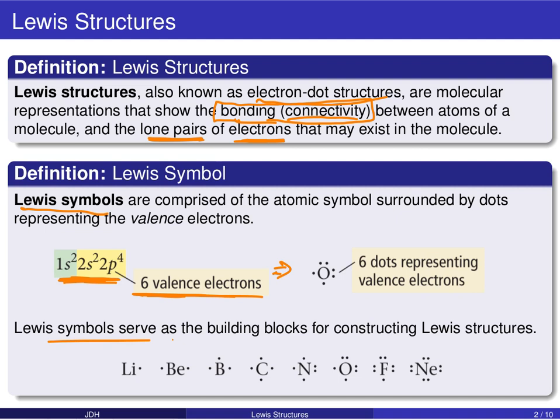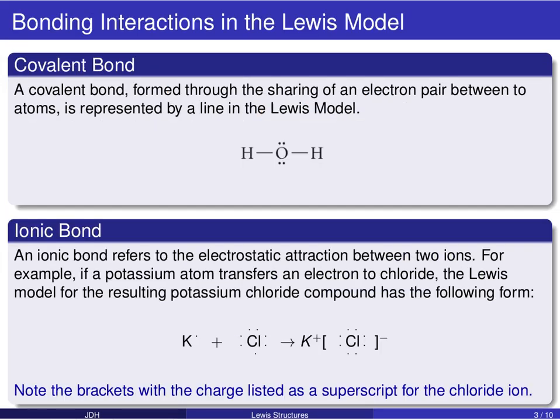We will typically write in each single electron by itself first, so when we get to carbon, 4 of them, one on top, bottom, left, and right. Then as we have additional electrons, we go back and pair these up. So this is our first step: bringing our attention to the actual number of valence electrons present on a given element. That's going to be the foundational component of the Lewis model.